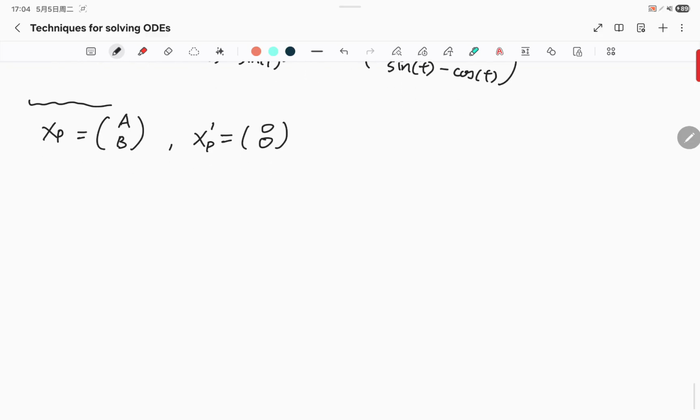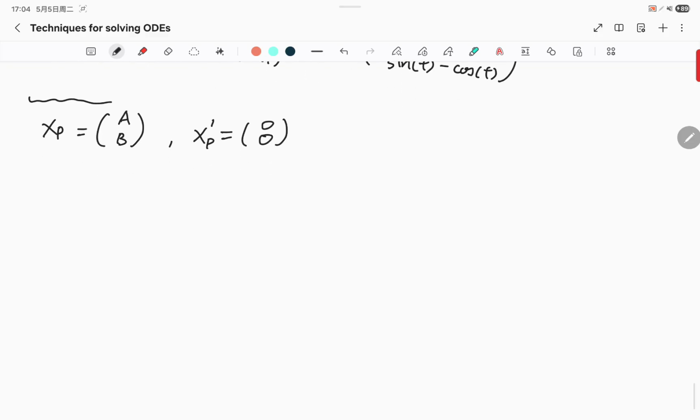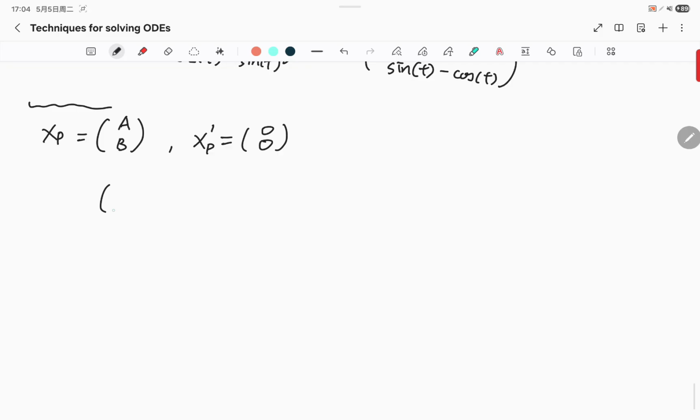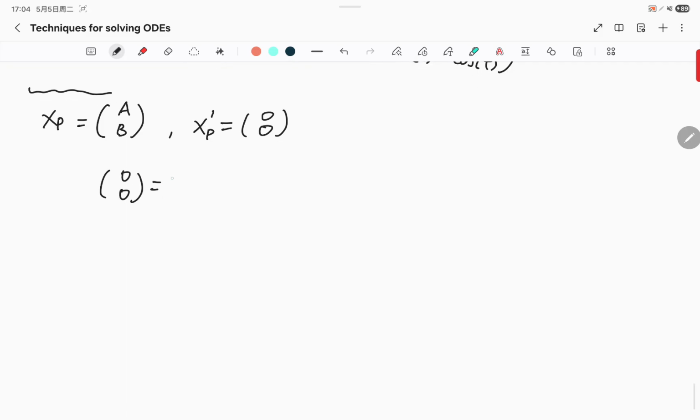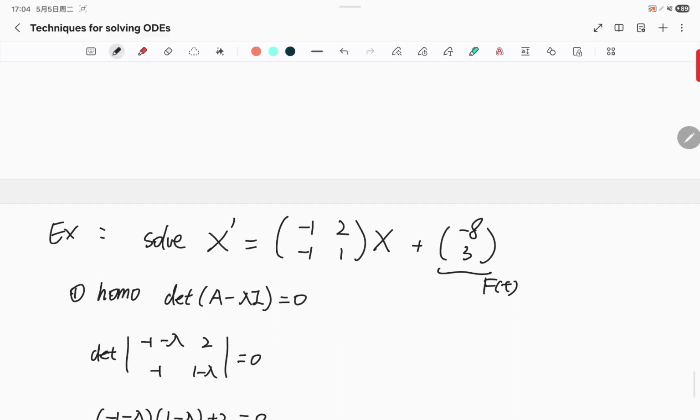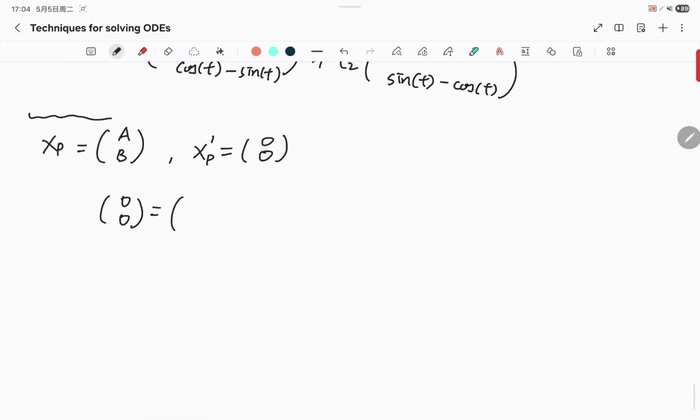So we're going to put everything together with x prime on the left hand side is equal to A times x plus f of t.